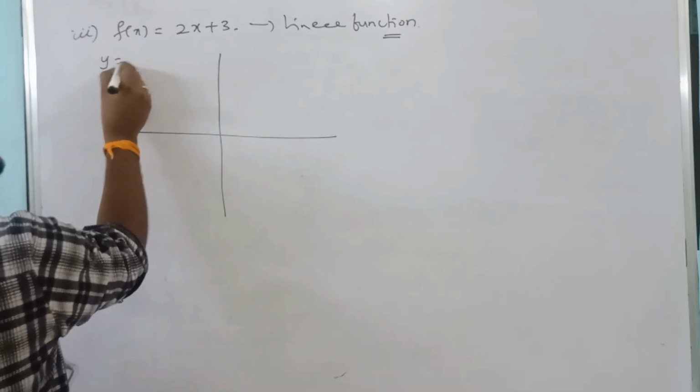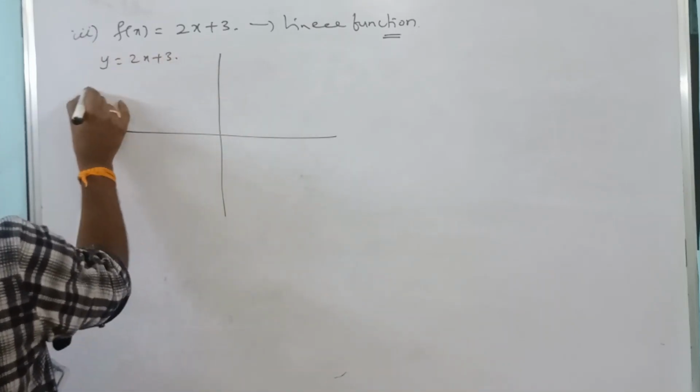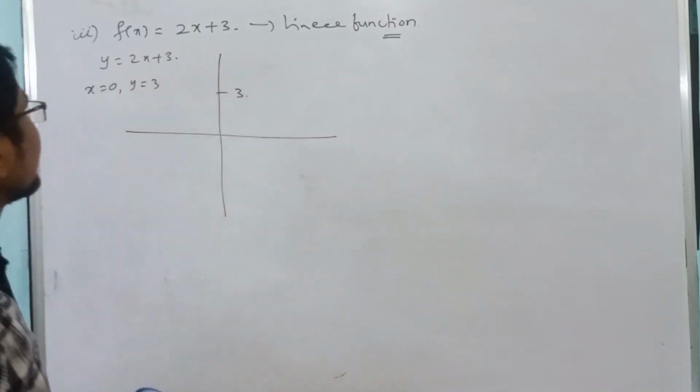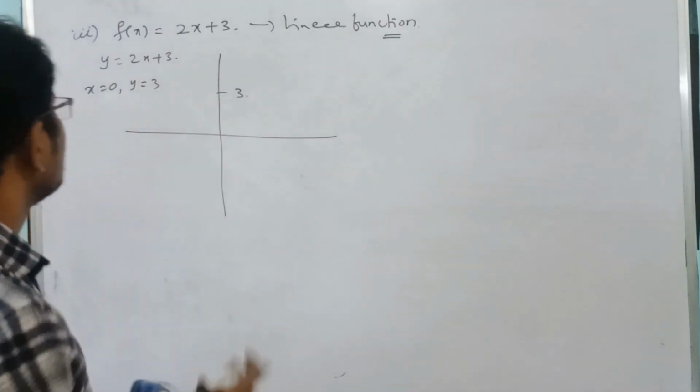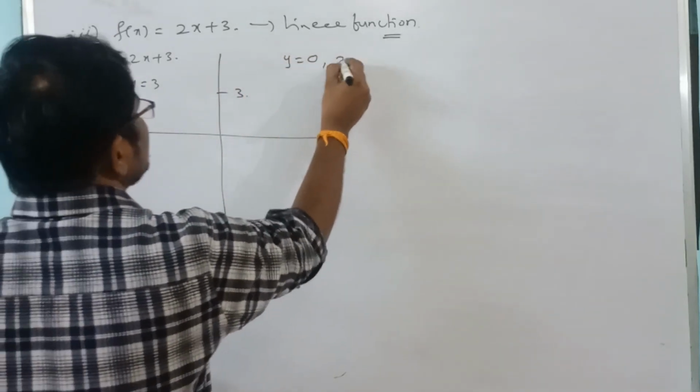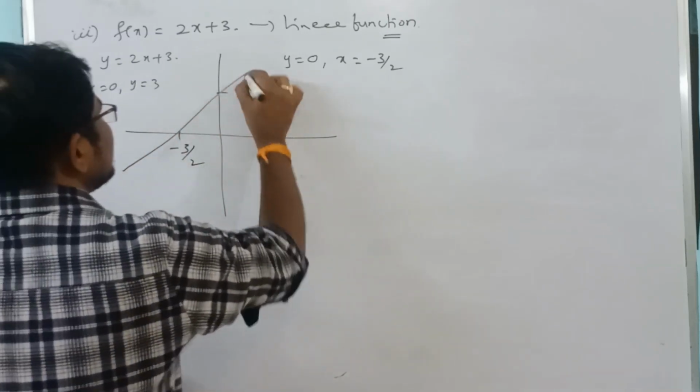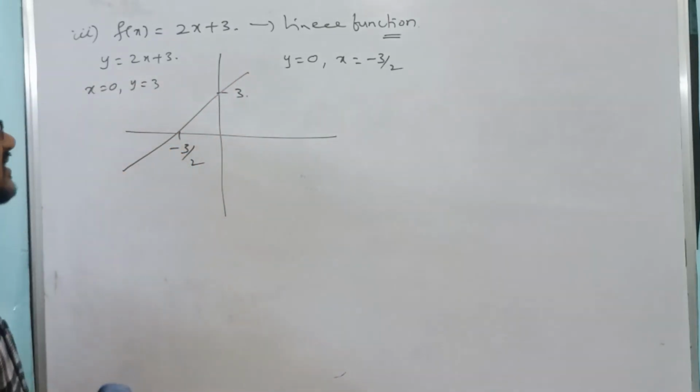If y equal to 2x plus 3, x equal to 0 gives y equal to 3. It is intersecting the y-axis at 3. And if y equal to 0, x equal to minus 3 by 2. Here, minus 3 by 2. And the slope is positive only, so that's why this is the graph.